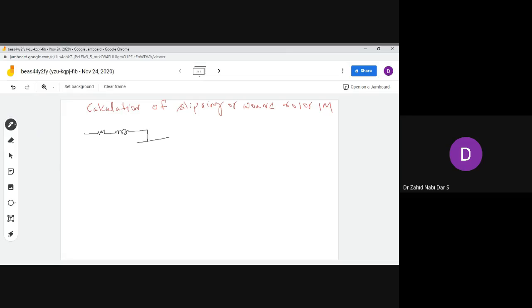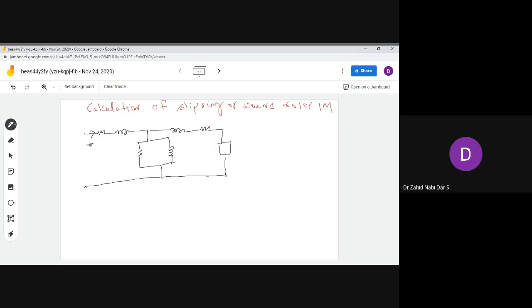Over here we have a resistance, over here another reactance, and then again a reactance, a resistance, and here we have a load resistance. If you notice, for the transformer this portion is not there. That's why we call an induction motor a rotary transformer also.